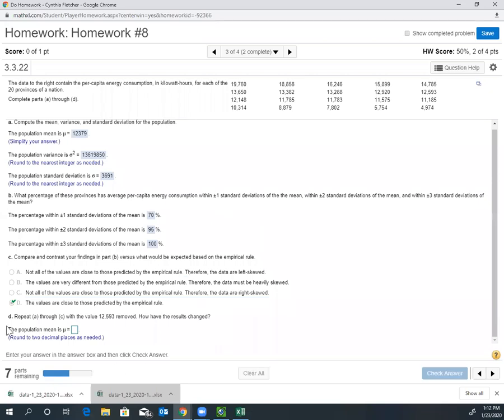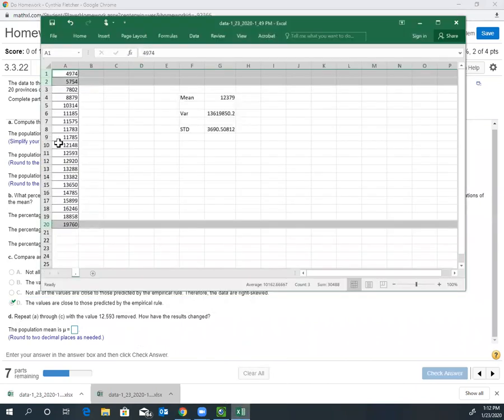Okay, now in part D, it asks us to repeat A through C, but this time we're going to remove the value of 12,593. Okay, so I'm going to go back to my spreadsheet. I'm going to remove the data entry 12,593.